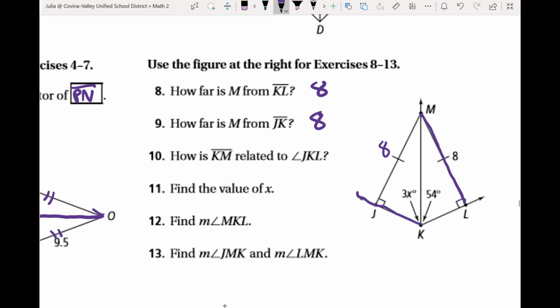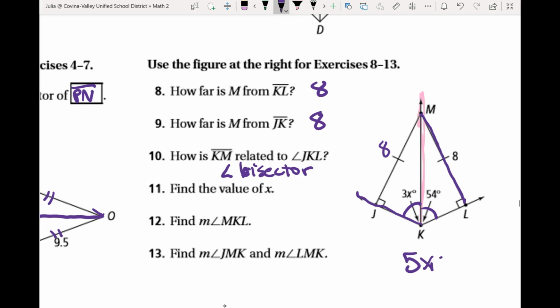How is KM, how is this segment right here related to the angle? What is it? Angle bisector. Good, because the 8 and the 8 are the same distances. Since it's an angle bisector, that means that this angle equals that angle.